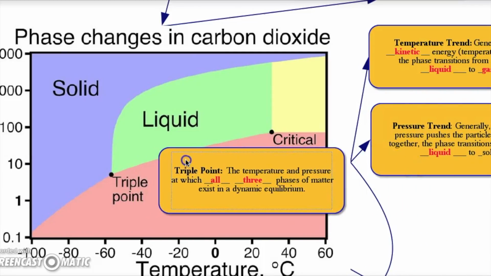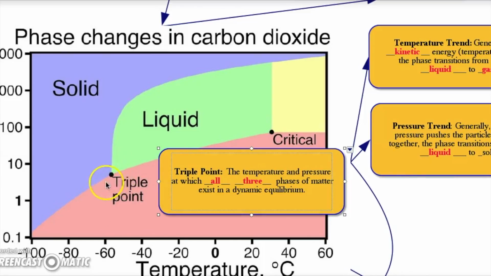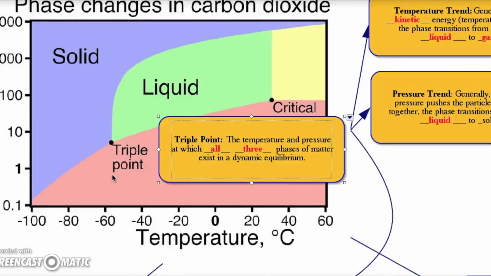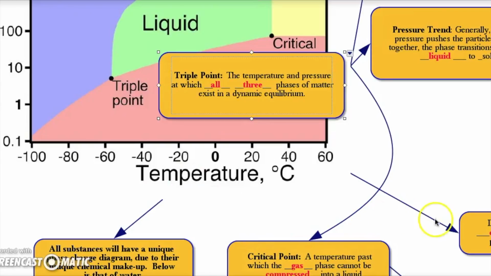Some other things we see on the graph, another special place, is what's called the triple point. This is a set of conditions in which all 3 phases of matter coexist. For carbon dioxide, it's at about 58 degrees below 0 Celsius and at about 7 atmospheres of pressure. And what happens in those conditions is that we get a dynamic equilibrium.